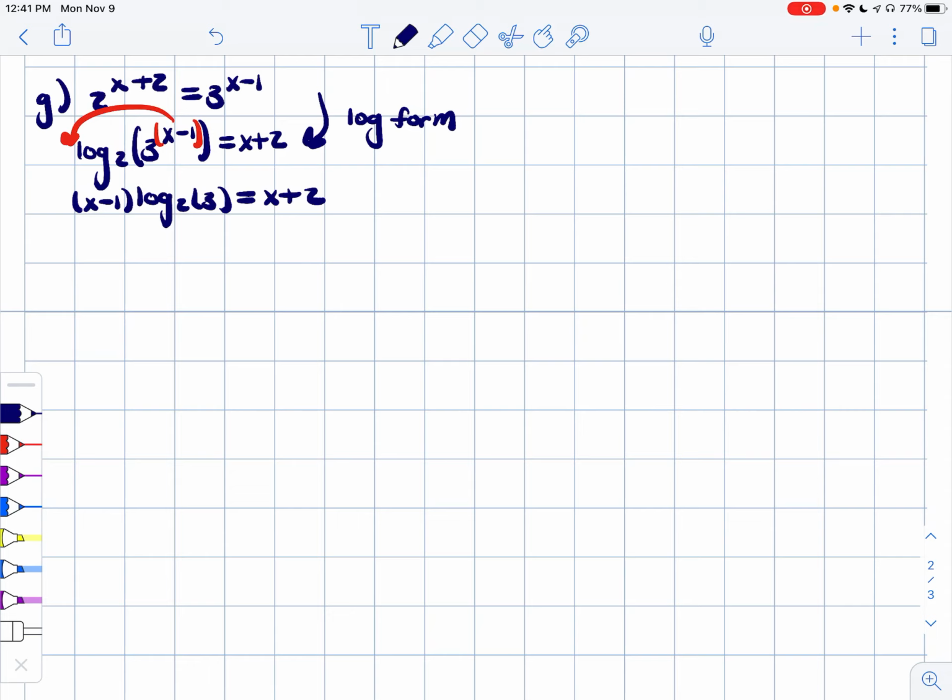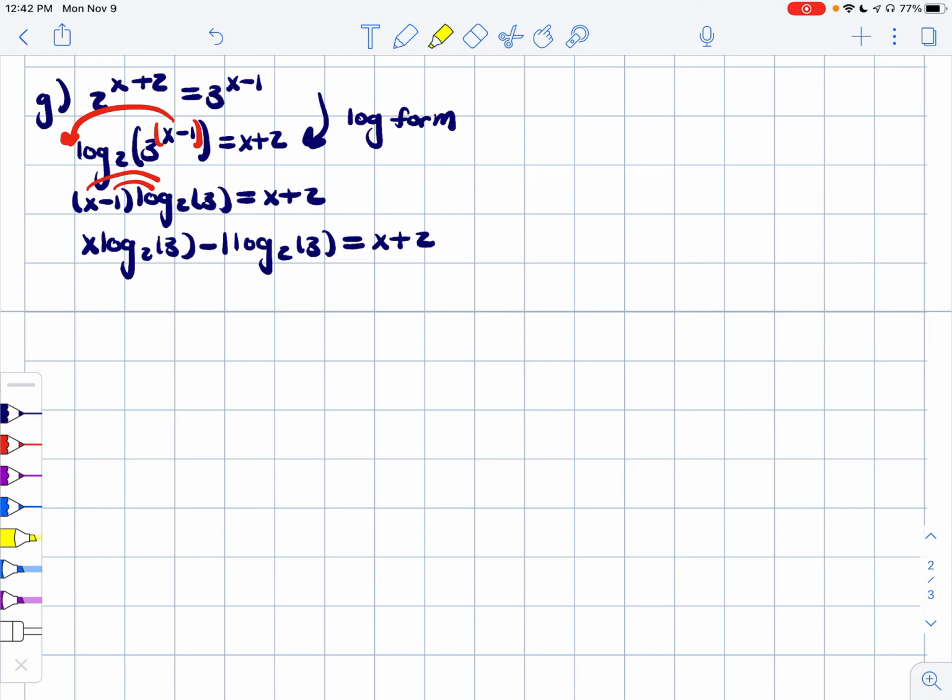Now our goal here is to solve for x, right? And we have an x on both sides of our equation. In order to solve it, we're going to have to distribute over here. So I need to distribute this, which would give me x times the log base 2 of 3 minus 1 times the log base 2 of 3 is equal to x plus 2.